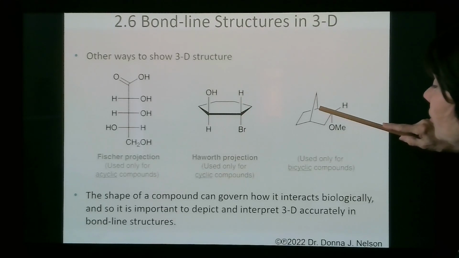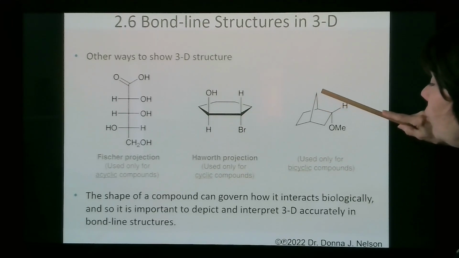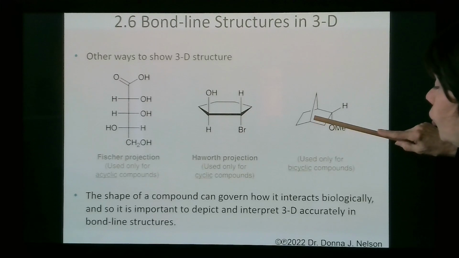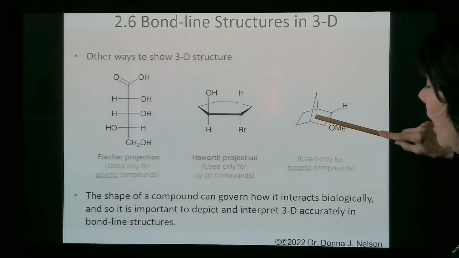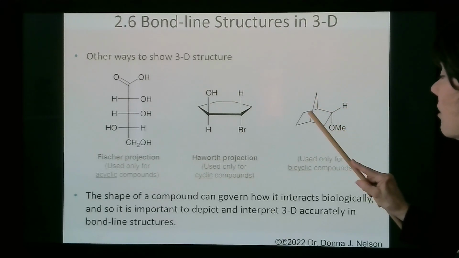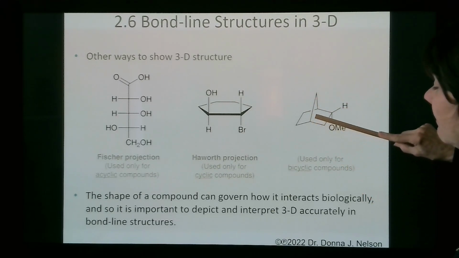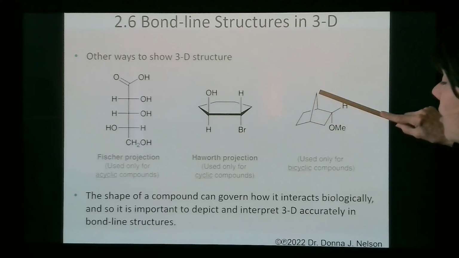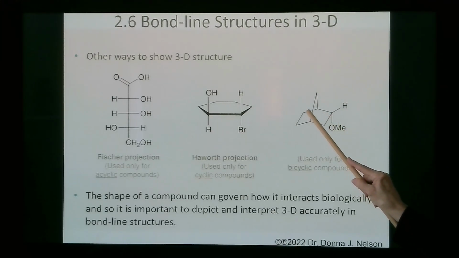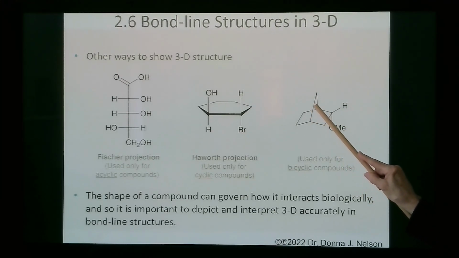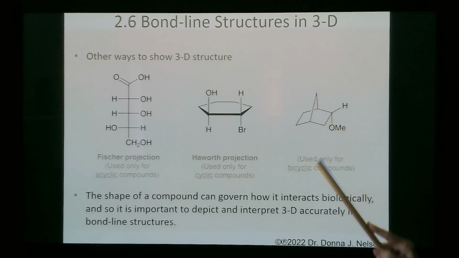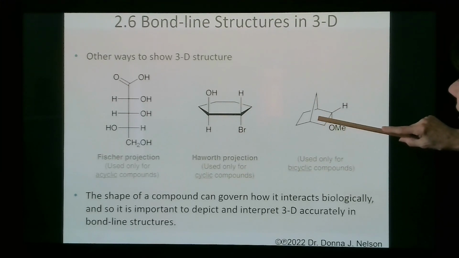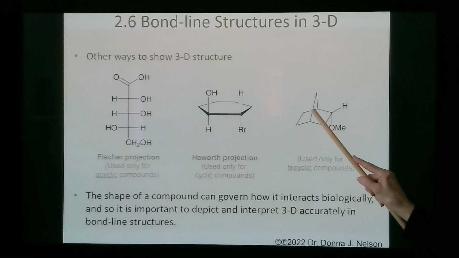Once again, you can see the CH2 group that is the bridge coming up, and you can see that the line is going in front of this broken line. That's indicating a bond in front of this other bond that is back behind. So if you see that gap on either side of the line, that means there is a bond back behind. And so this is depicting one bond in front of the other bond.